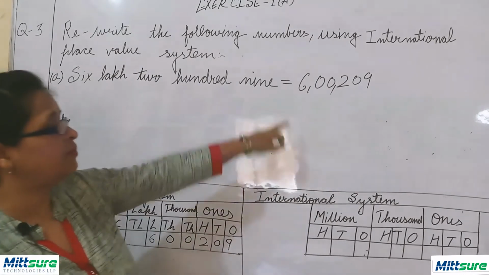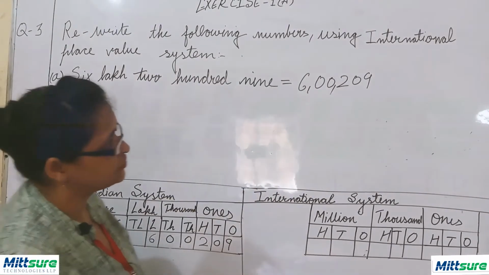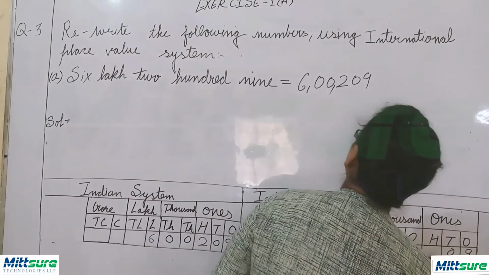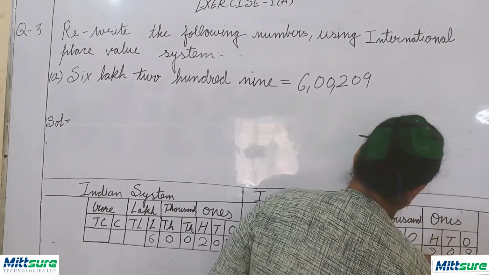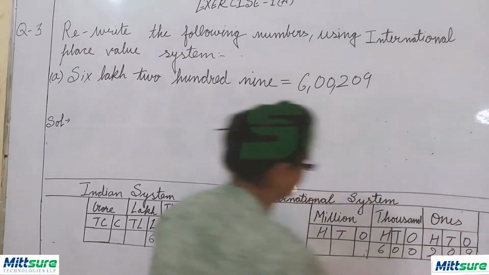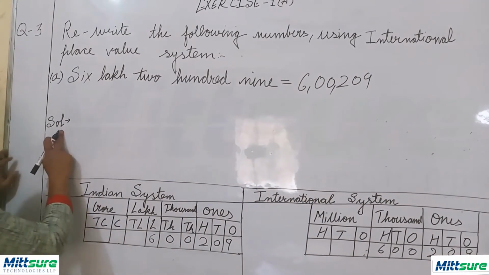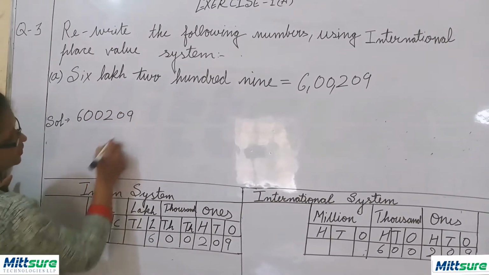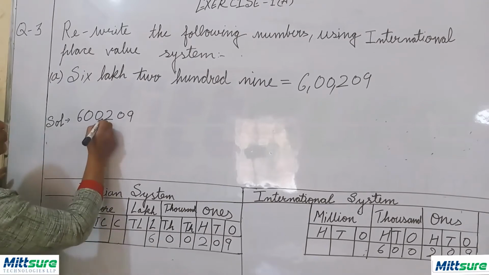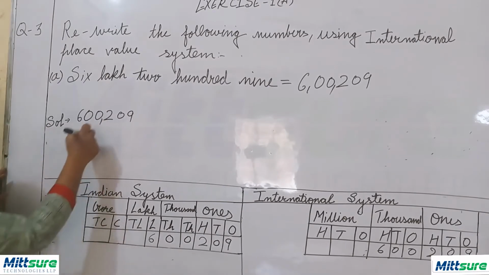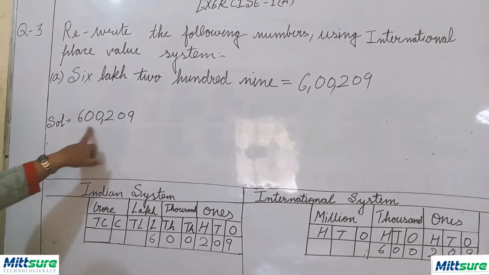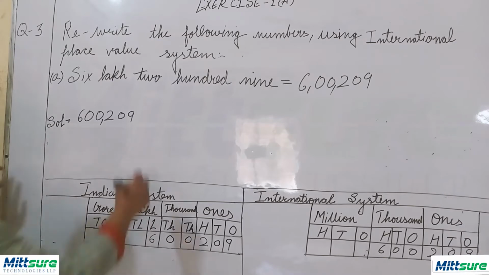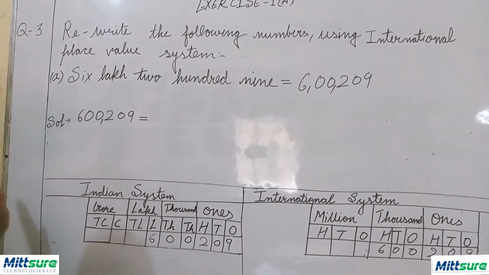Now this number I will place in the international place system. That will be 6,002,009, and I will put the commas according to periods. Now this is the ones period and this is the thousands period. Now I will convert this into number name.